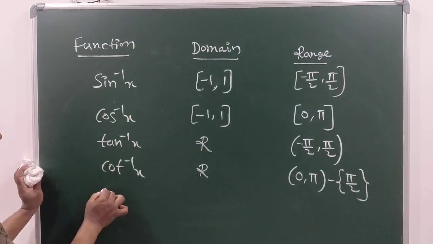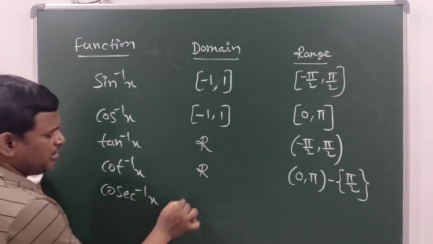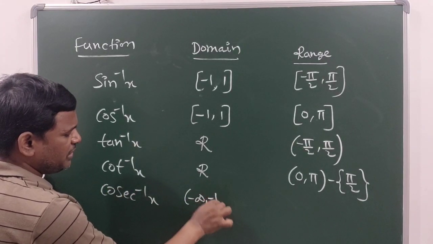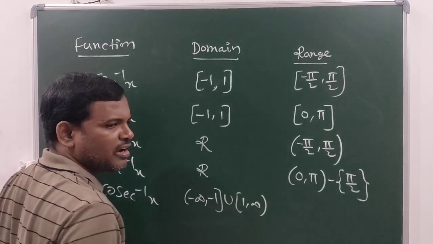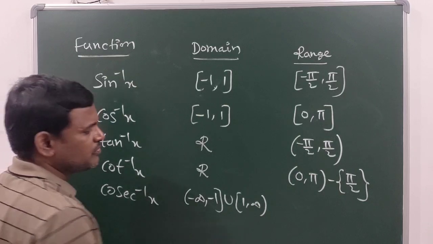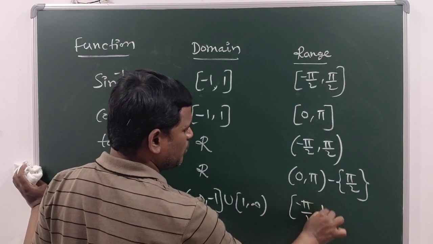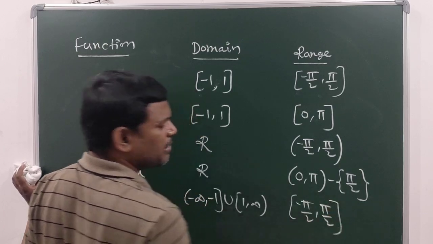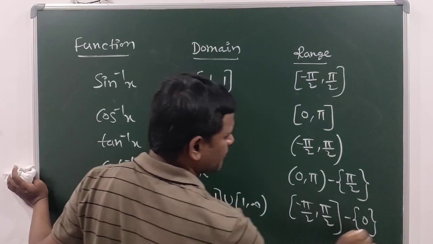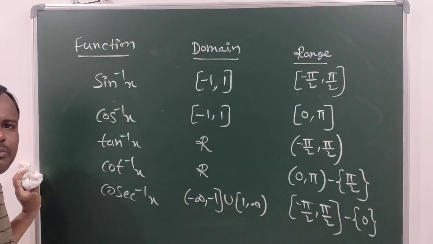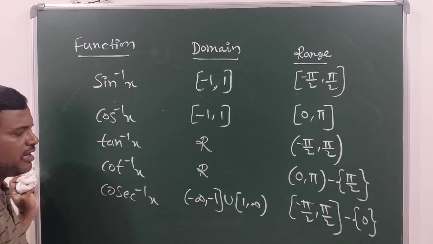Now let us go to cosec inverse of x. Domain is minus infinity to minus 1 union 1 to infinity, and whereas range is closed interval of minus 90 to 90, but 0 must be subtracted. Okay, right.